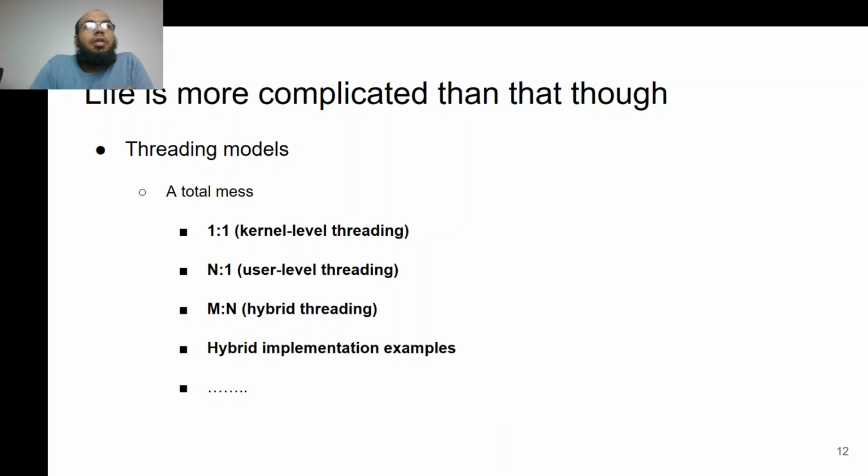There are multiple models for threading. One is called one-to-one kernel level threading. One is called N-to-1 user level threading. One is called M-to-N hybrid threading, and one is a hybrid implementation of all of these. You can read a bit more about this on Wikipedia.